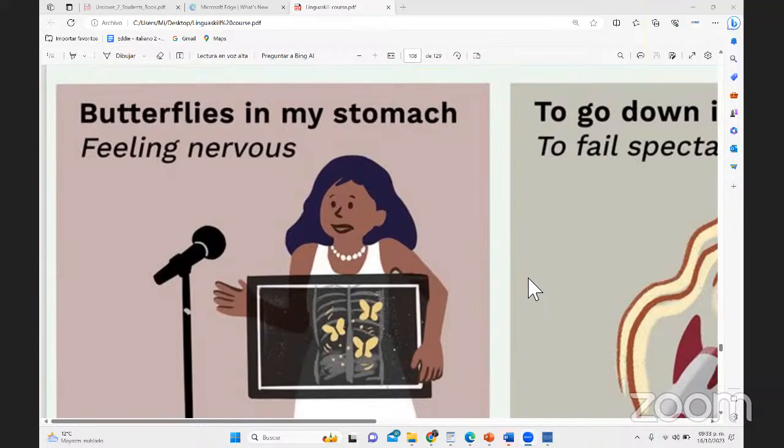When you're speaking in public. When you speak in public, very well. And in what other situation could we say that we have butterflies in our stomach? When you're in love. When you're in love, yes. Here it doesn't say, but yes, you can also use the expression, I feel butterflies in my stomach, when you are in love. Yeah, very well.